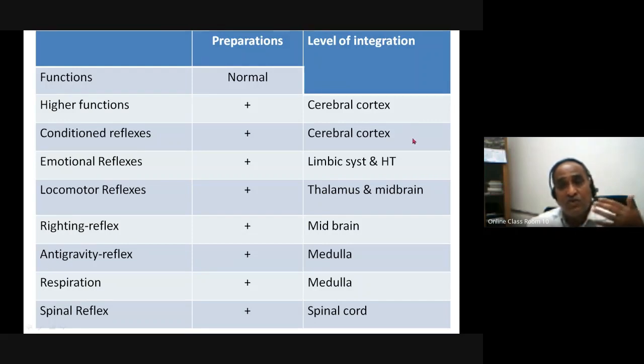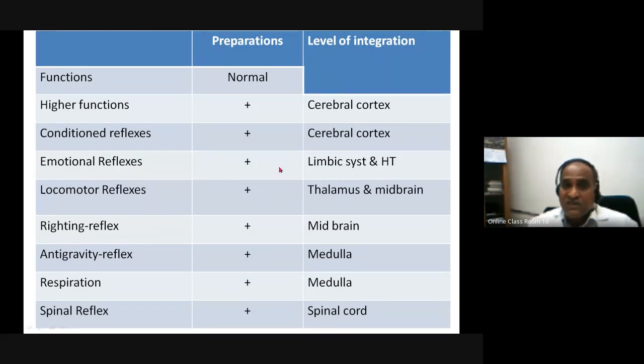You can go with the Pavlovian characteristics. What is that? Ringing of the bell producing salivation. Ringing of the bell means the auditory cortex should be intact. From the auditory cortex it goes to the association areas, and from the association areas it comes back to the parasympathetic system that drives the secretomotor function of the salivary glands. That is the Pavlovian model.